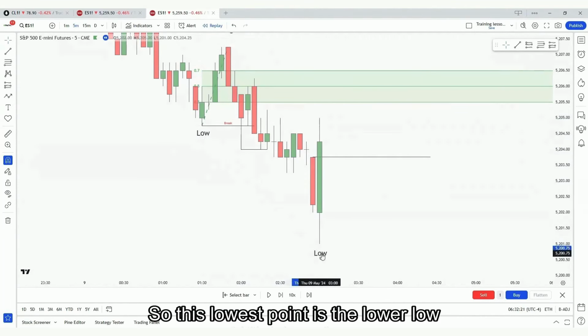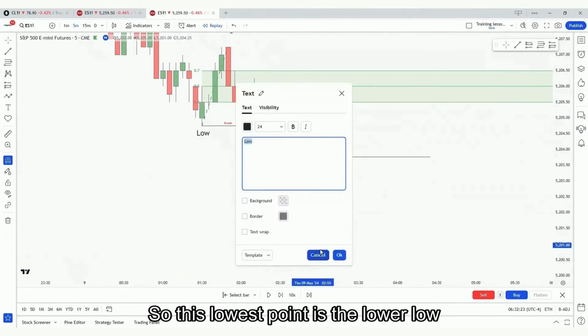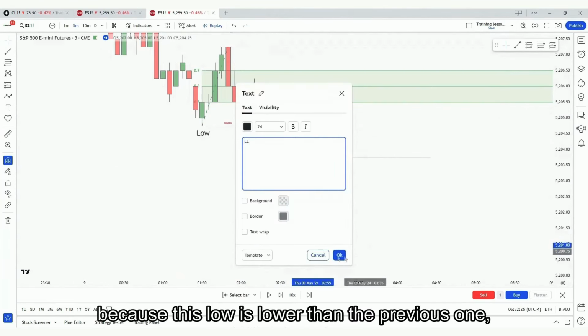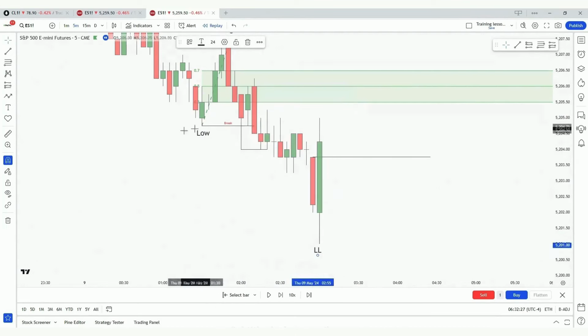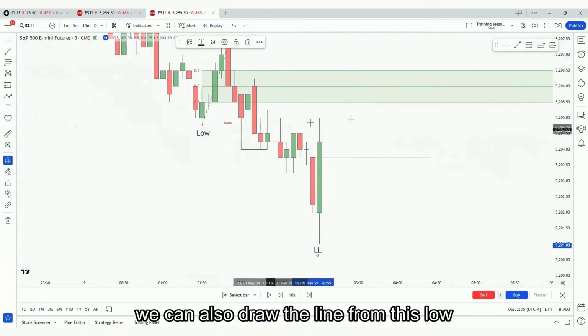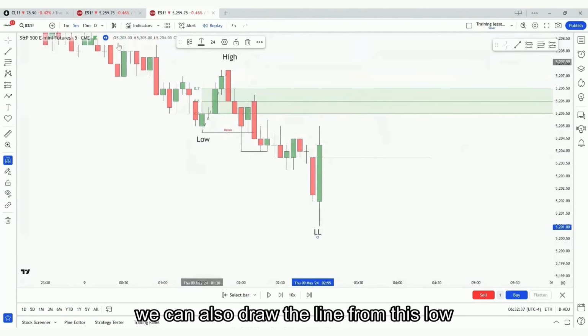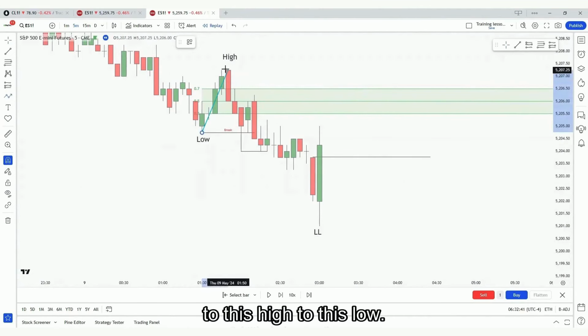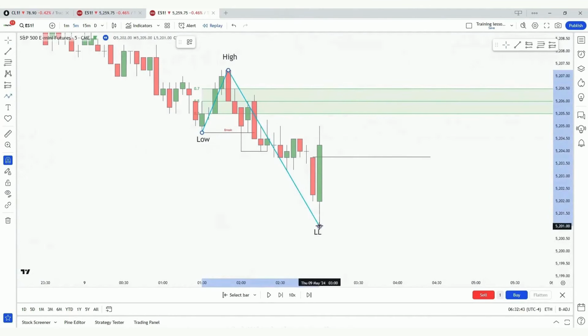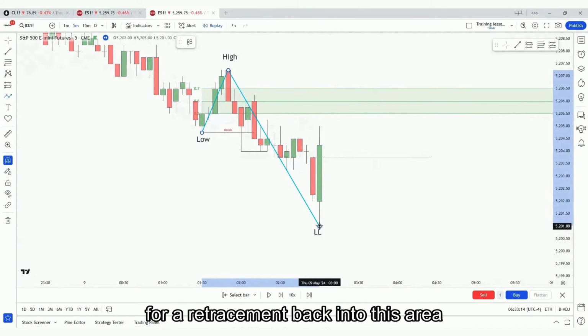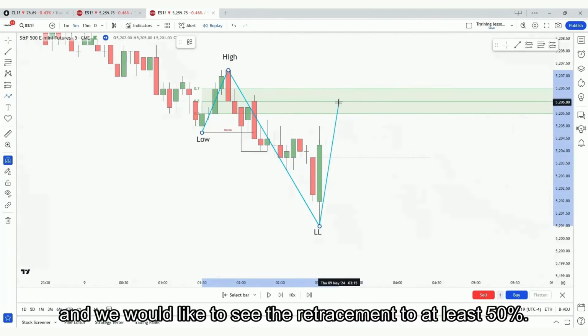So this lowest point is the lower low, because this low is lower than the previous one. We can also draw the line from this low to this high to this low. But we are still waiting for a retracement back into this area, and we would like to see the retracement to at least 50%.